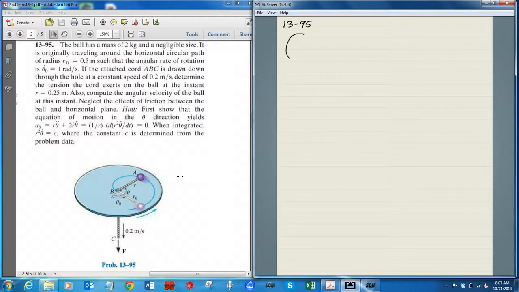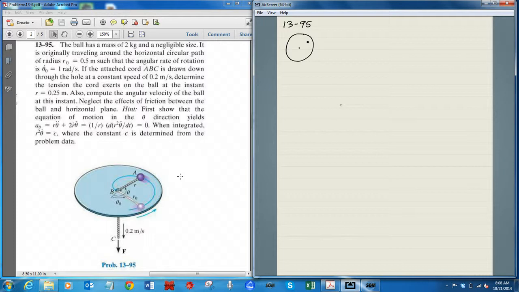Here's the round table. This will be the ball just off in some odd spot, and there's a hole in the middle of the table, and the only forces that are acting on the ball is gravity, which points straight into the table, which will not be seen in this diagram because it's from the top down, and also the normal force back up from the table to the bottom of the ball.